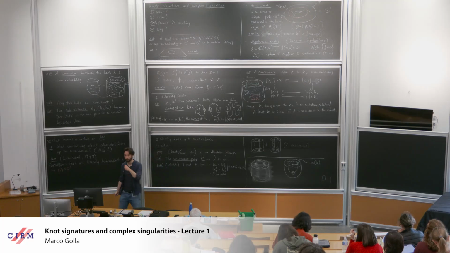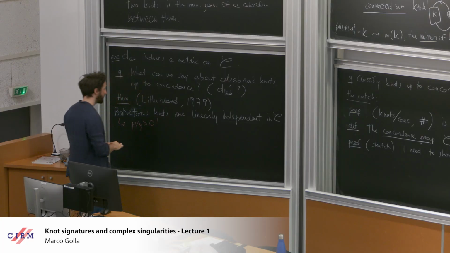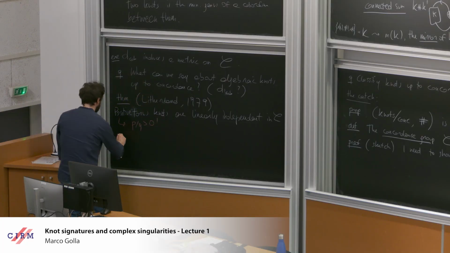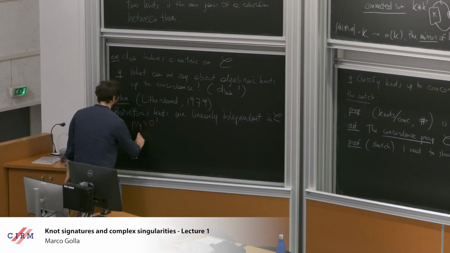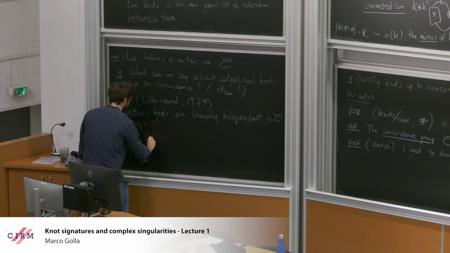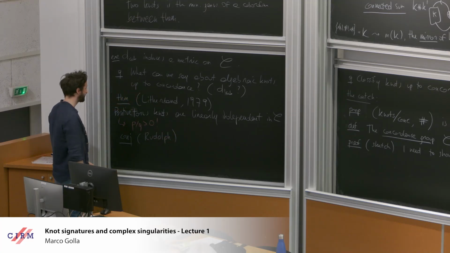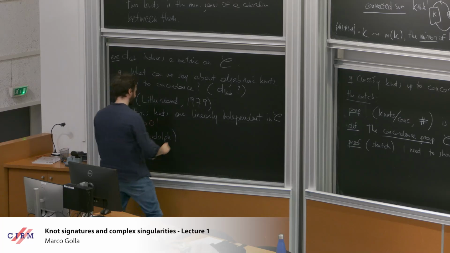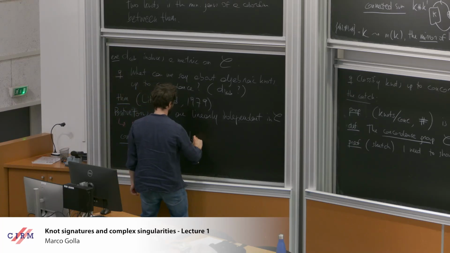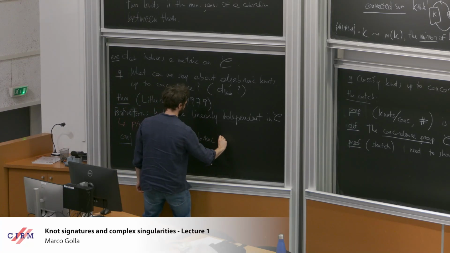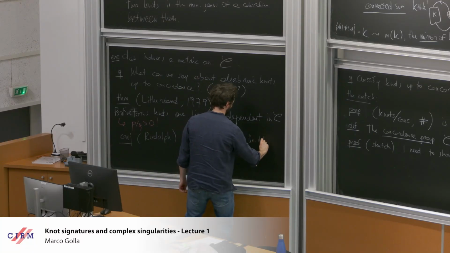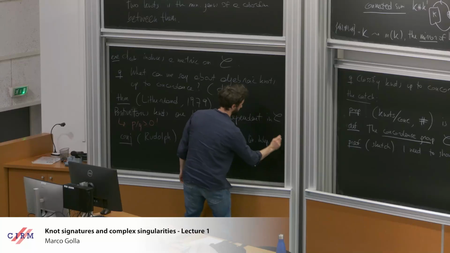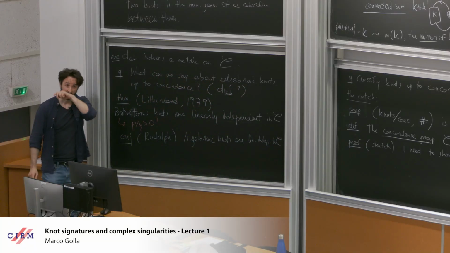And actually all of them arise from that. And the conjecture that I wish I could prove, but no way, due to Rudolph, from around the early 80s I would say, is that algebraic knots are linearly independent in C.